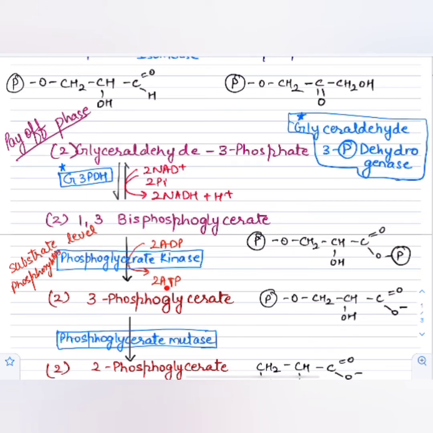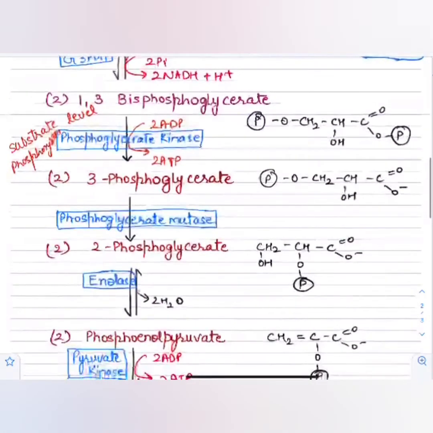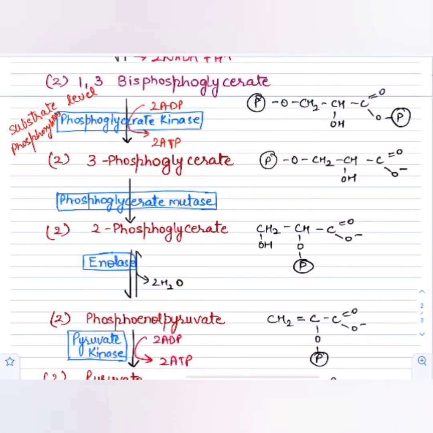So since ATP is produced in this reaction with the help of the substrate, it is called so. Then two molecules of 3-phosphoglycerate convert into 2-phosphoglycerate, again a molecular rearrangement reaction where phosphoglycerate mutase is the enzyme which catalyzes this conversion.